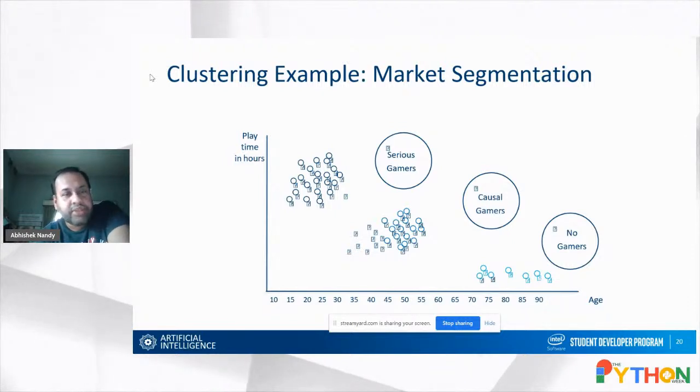If we focus along, from the age of 15 to the age of 45 or say 50, the data points are so many that we can entitle them serious gamers. But when we move above 45, we see the number of data points getting less, so we can term them casual gamers. And if we go above say 65, we can say no gamers.